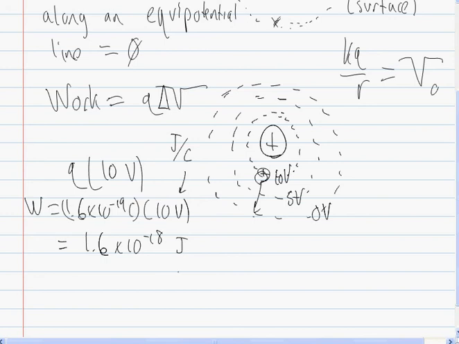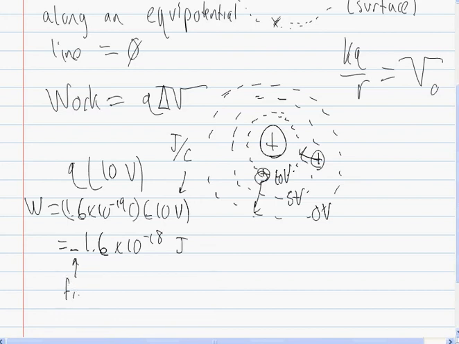If I took a proton and moved it from there to there, technically, I moved negative 10, which implies that I didn't have to add any work done, that the field did it.